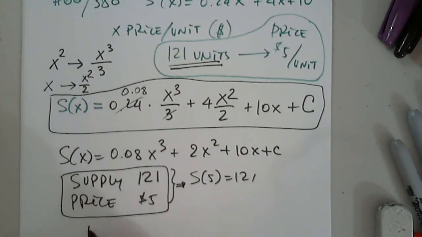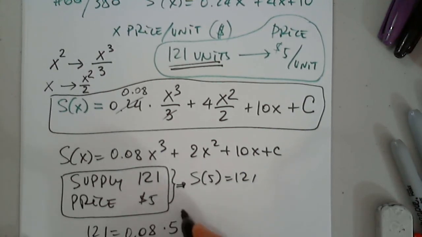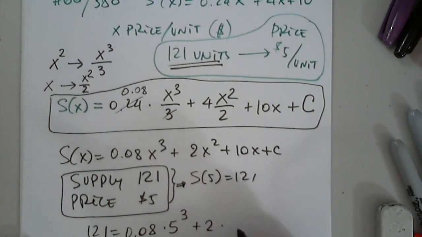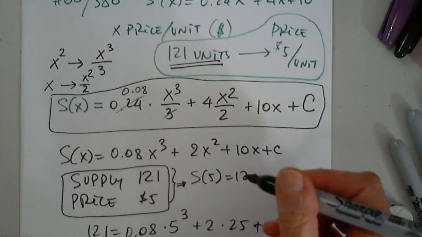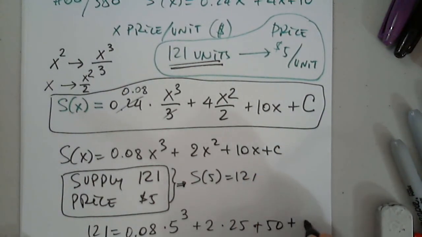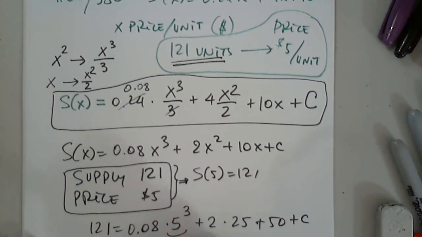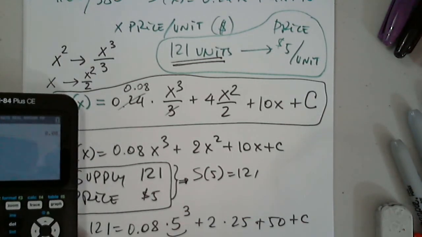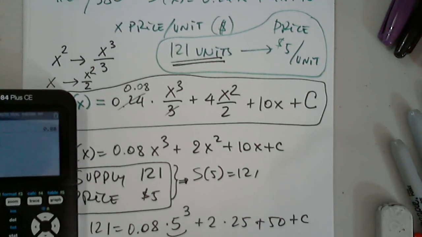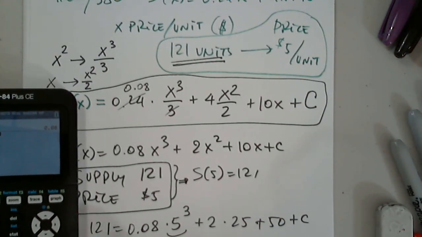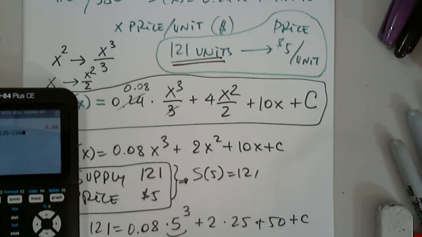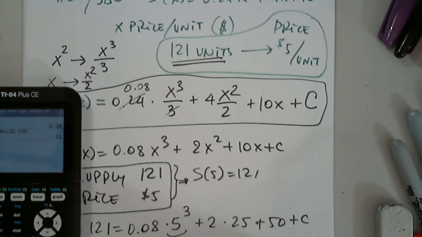So 121 equals 0.08 times 5 to the third plus 2 times 25 plus 5 times 10, 50 plus a constant c, and I know that 5 cubed is 125. So from 121 I subtract 0.08 times 125, minus, I subtract, 50 plus 50, minus 100. So c equals 11.